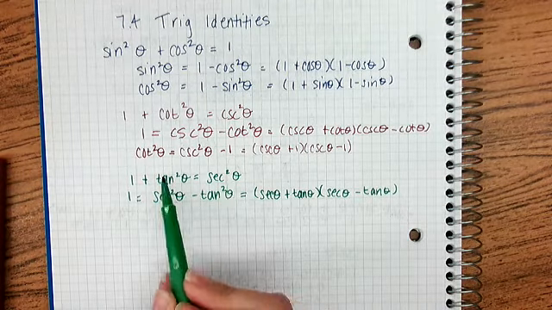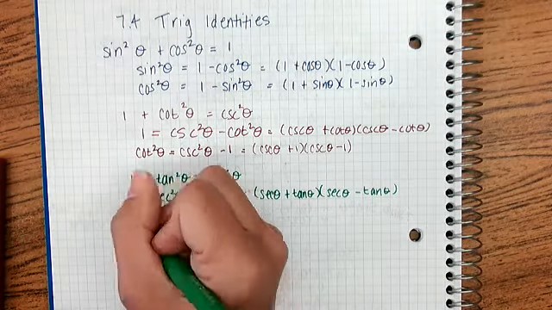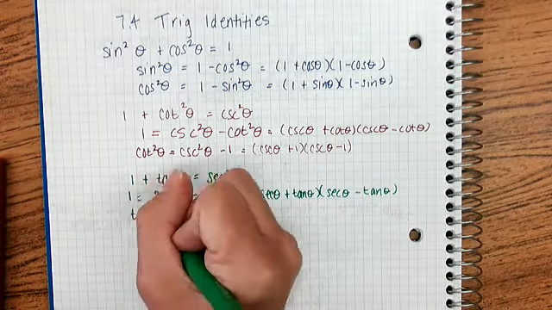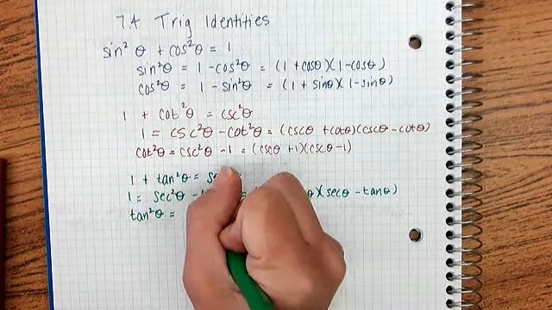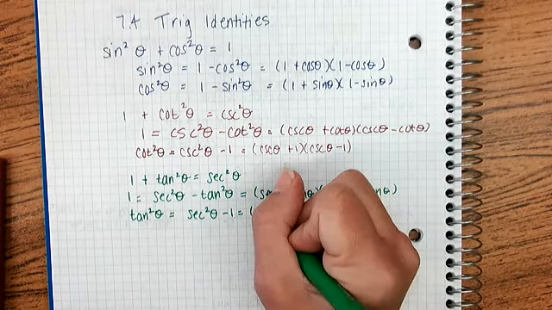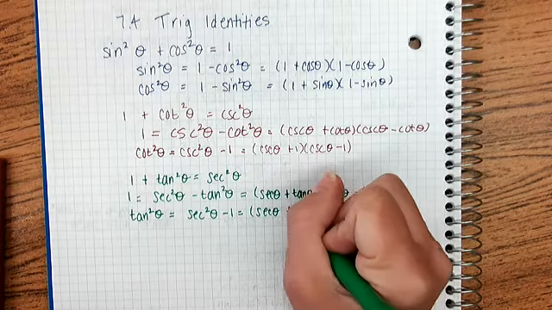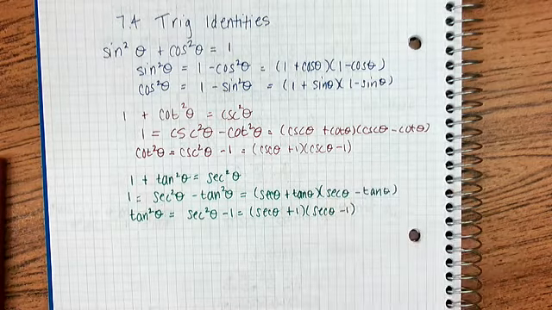So I subtracted tangent squared from both sides. I could also subtract 1 from both sides and say tangent squared theta is secant squared minus 1. Secant plus 1 times secant minus 1.